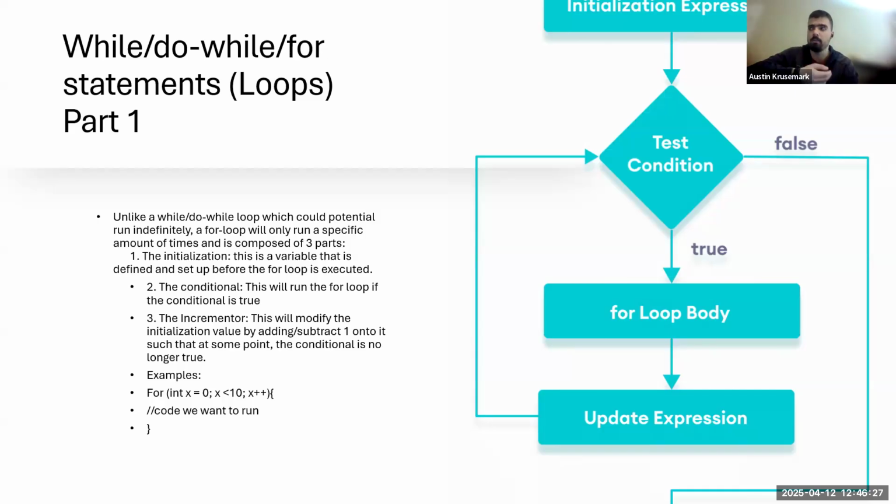The program will keep running that code forever until the program crashes. We don't want that to happen; we want the program to be able to do other things other than that for loop. So that's the reason we have it set up such that at some point this condition is no longer true. That makes sense. Okay, thank you. No problem.